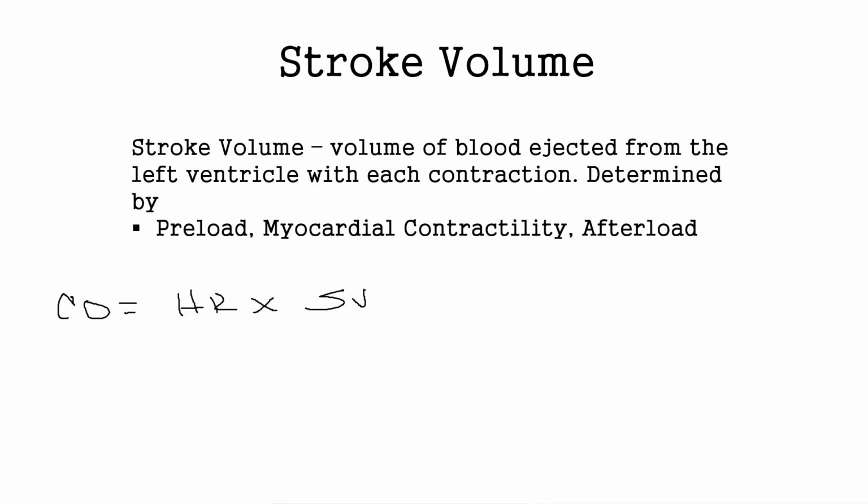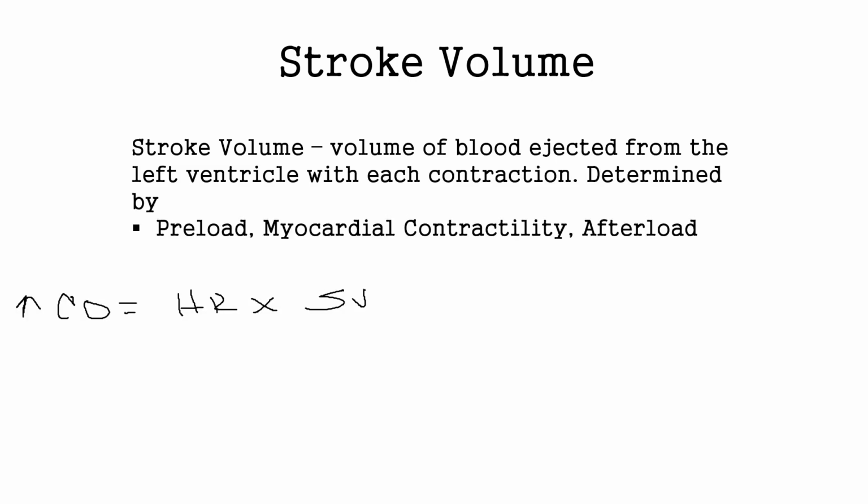So if I need to affect blood pressure, I need to affect one of these, right? If I want to increase cardiac output, then I will actually be increasing blood pressure. And so if I can get the heart rate higher, then essentially I will get the blood pressure up.